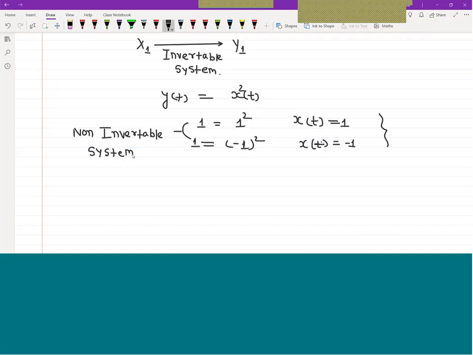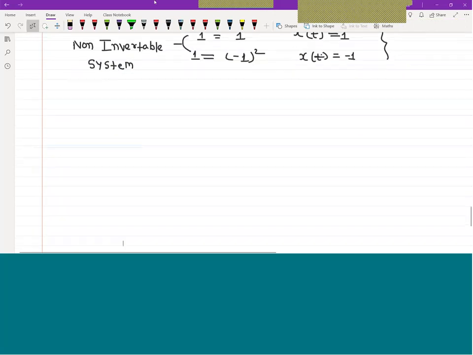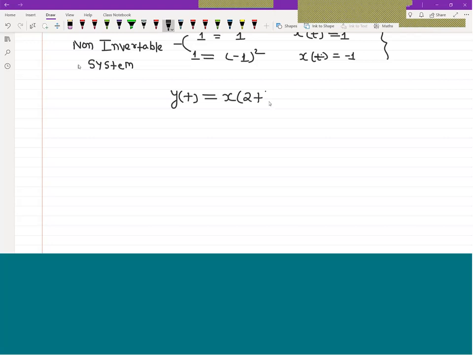Let's see the next one. I have one more example. y(t) equal to x(2t). Is this an invertible system or non-invertible system?